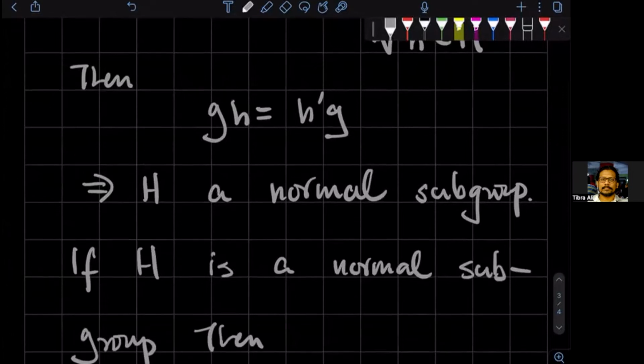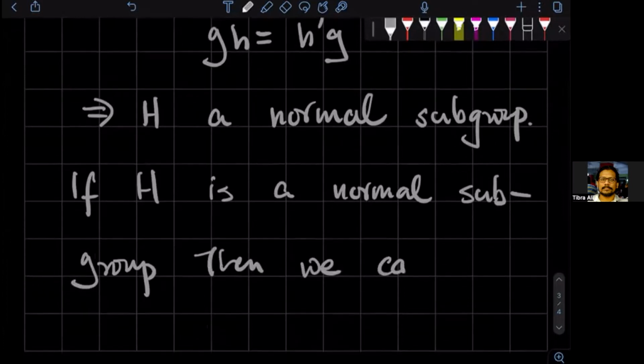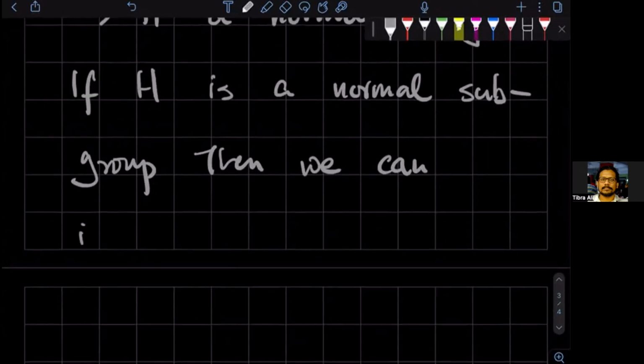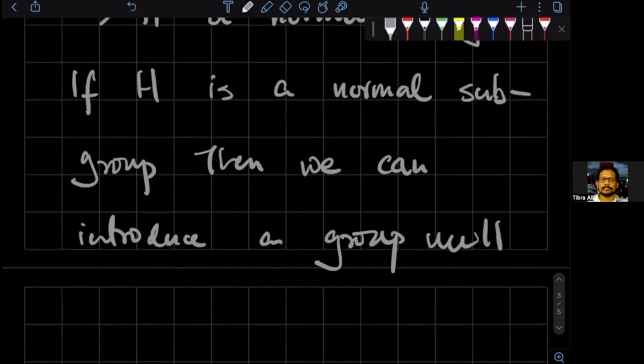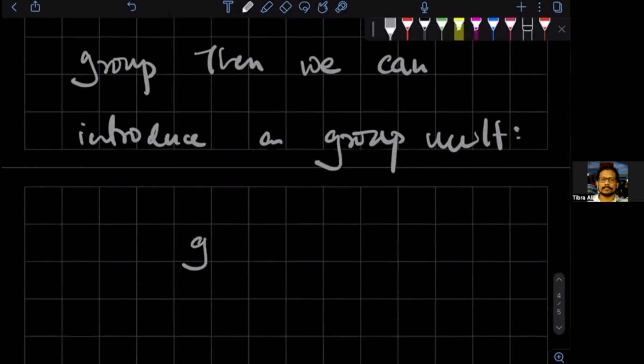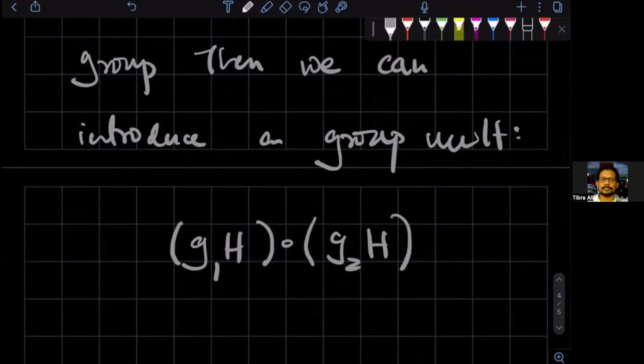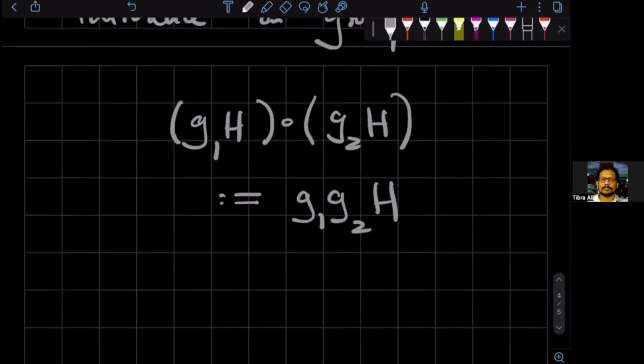If H is a normal subgroup, then we can introduce a very natural group multiplication, where we take two cosets, say g1 H and g2 H, and define the multiplication between them as being the coset that results from g1 g2 H, okay?